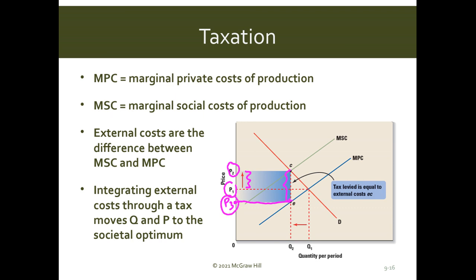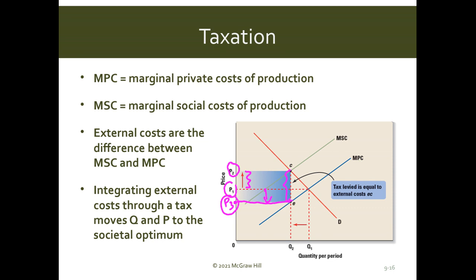So notice both buyers and sellers are contributing to this tax, right? Not necessarily equally. It depends on the elasticity of the supply curve, that is marginal social cost, and the demand curve.